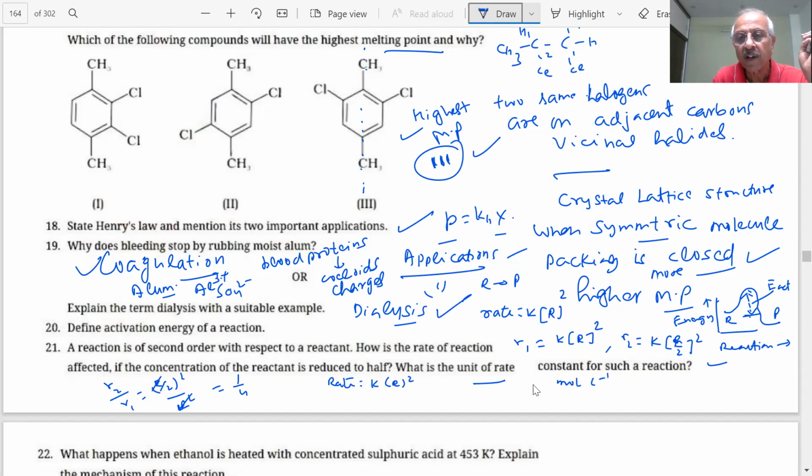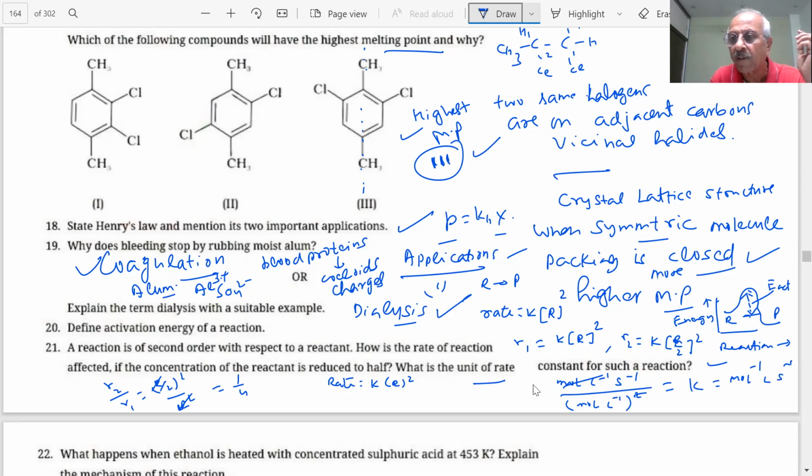Rate is mole per liter per second, divided by mole per liter the whole square. That will be the units of K. Now you can cancel, one of this will cancel with this. So what unit will you get, student? This will become mole inverse, L, and S inverse.